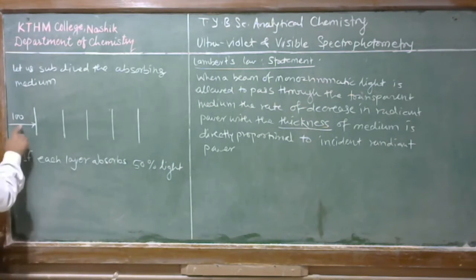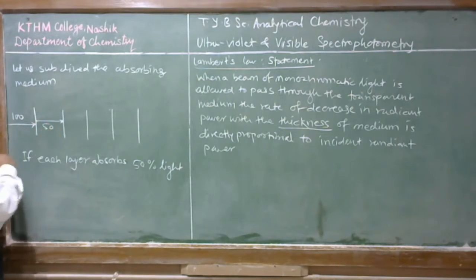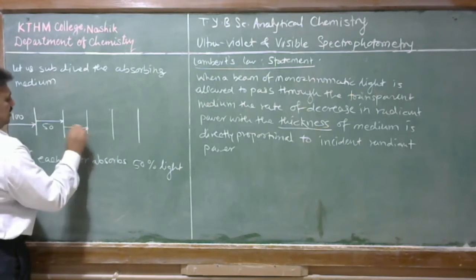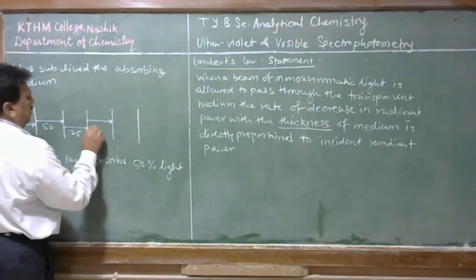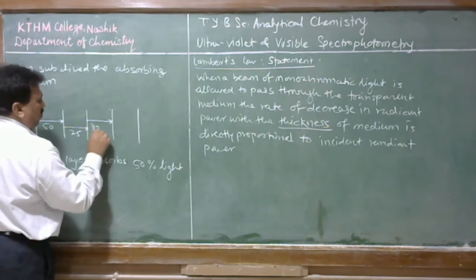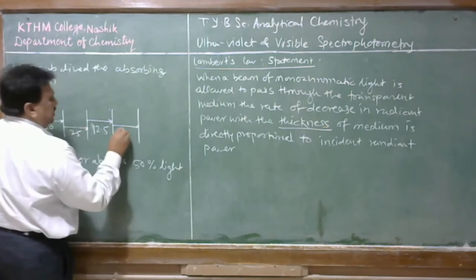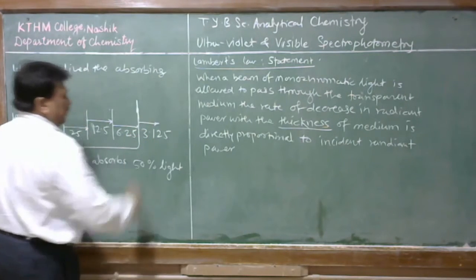Then 50% would be absorbed by this layer, and 50% given to the next layer. Out of this 50, 25% is absorbed here and 25% is given to the next layer. Here 12.5 absorbed and 12.5 given. Here 6.25 absorbed, 6.125 given.